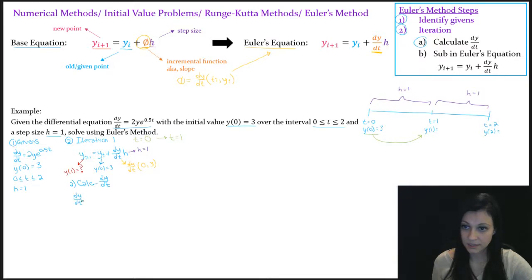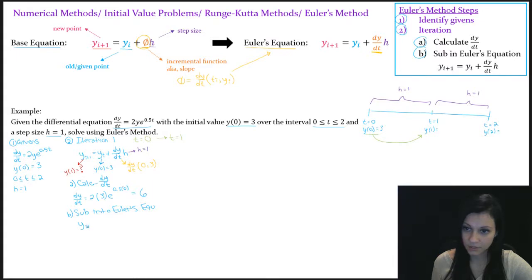So dy/dt equals 2 times the y value, which is 3, times e raised to 0.5 times 0 power. And that gives us a value of 6. So then we can take and substitute all of that information into Euler's equation.